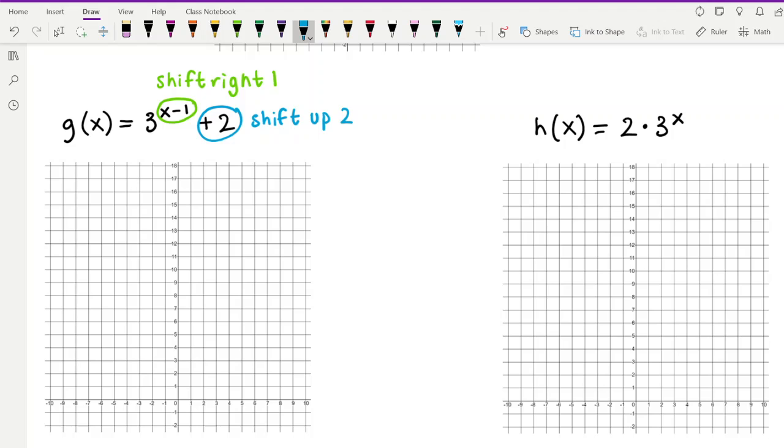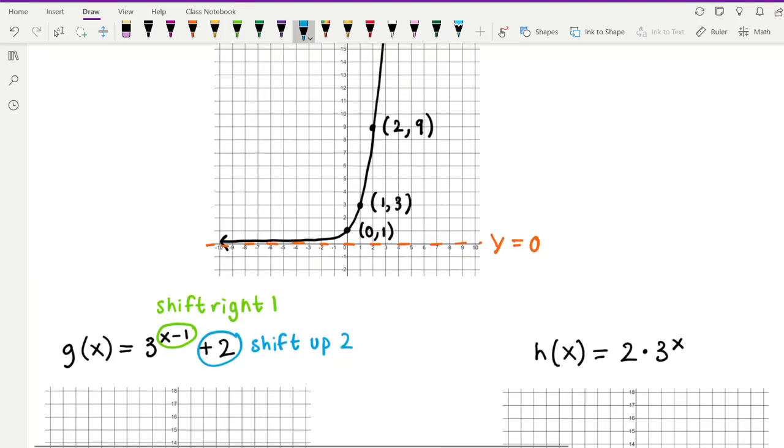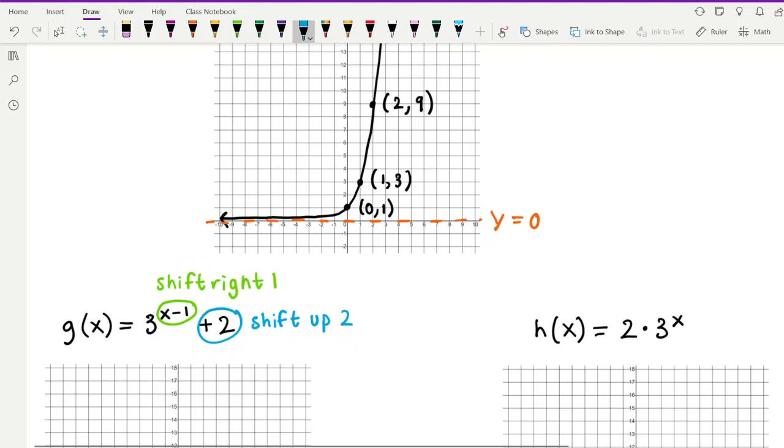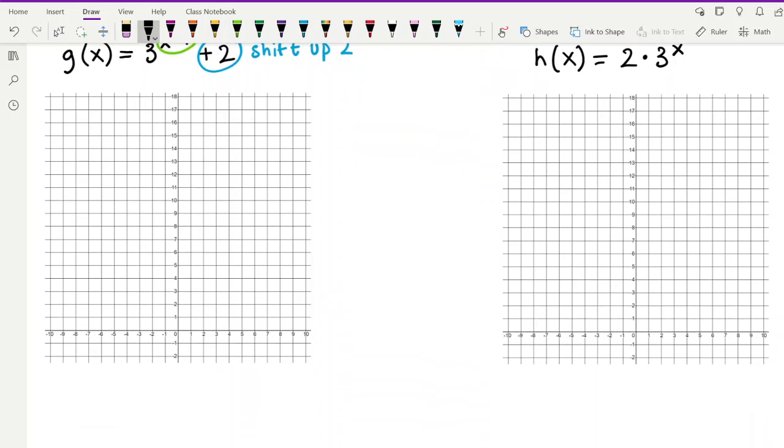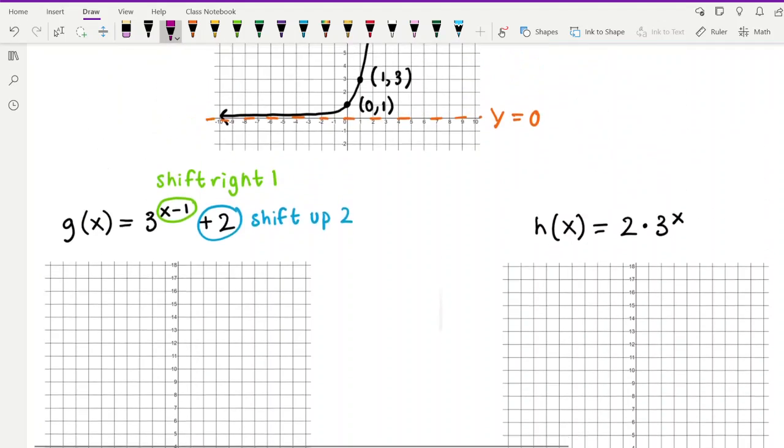Okay, so what does that mean in terms of sketching our graph? That means that all of these key points that we identified, we want to just move them to the right 1 and up 2. The original point we had was at 0, 1. So right 1 up 2 would bring us to now being at 1, 3. That's the point that was originally the y-intercept on the graph.